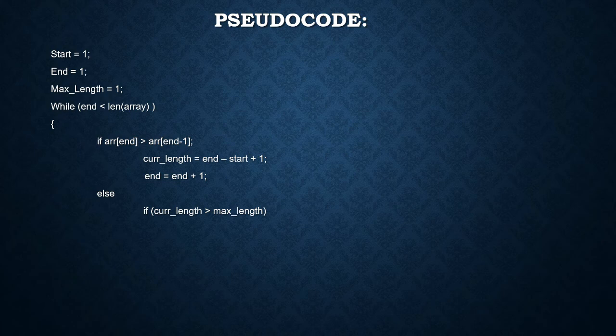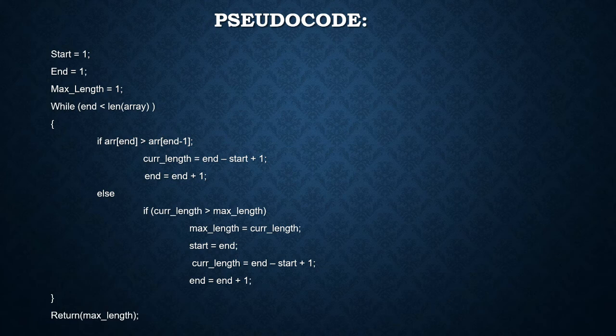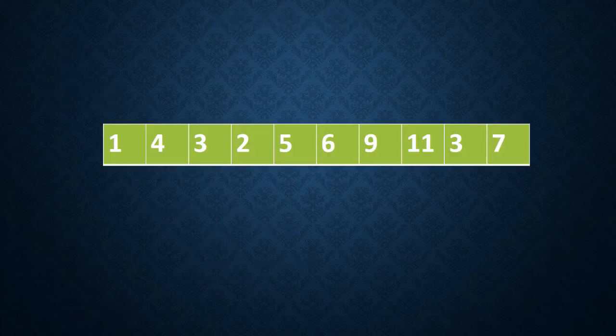And if we get a non-increasing element, check if your current length is greater than the max length, update the max length, calculate the current length, increase the end pointer, and repeat this complete process till the end of the array is reached, and return the max length at the end.